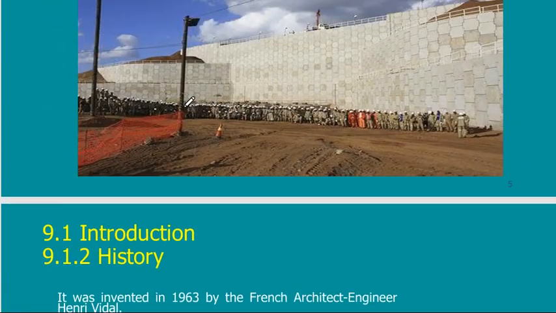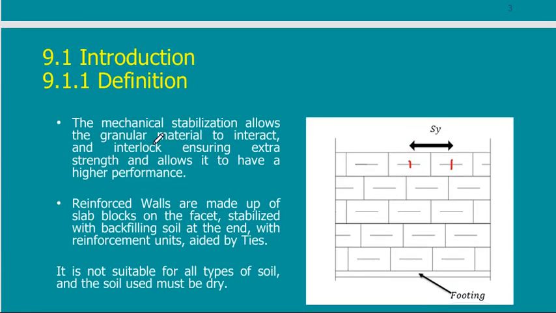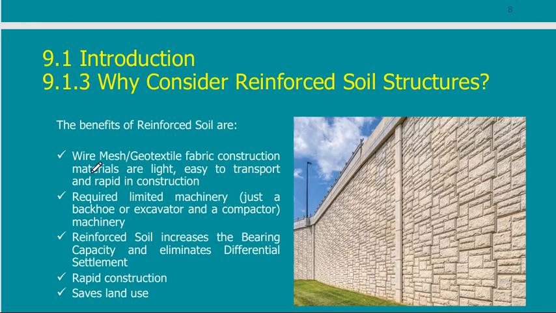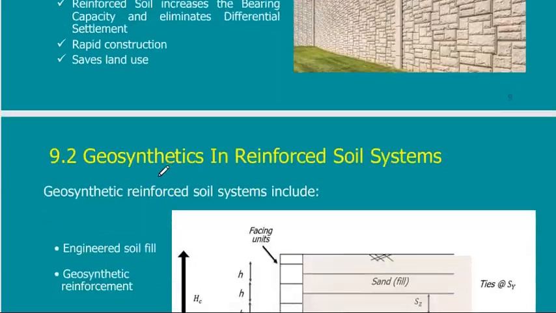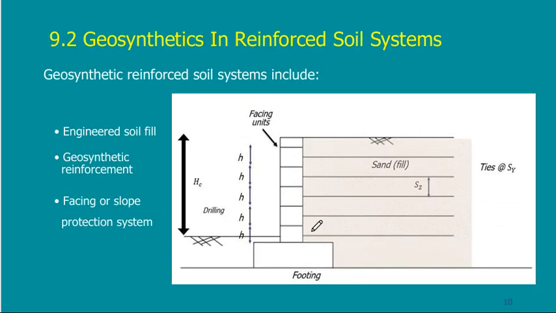Here we said wire mesh or geotextile fabric. So here I can put strips or wire mesh or geotextile fabric. As I said, we are going to see photos for all of them.